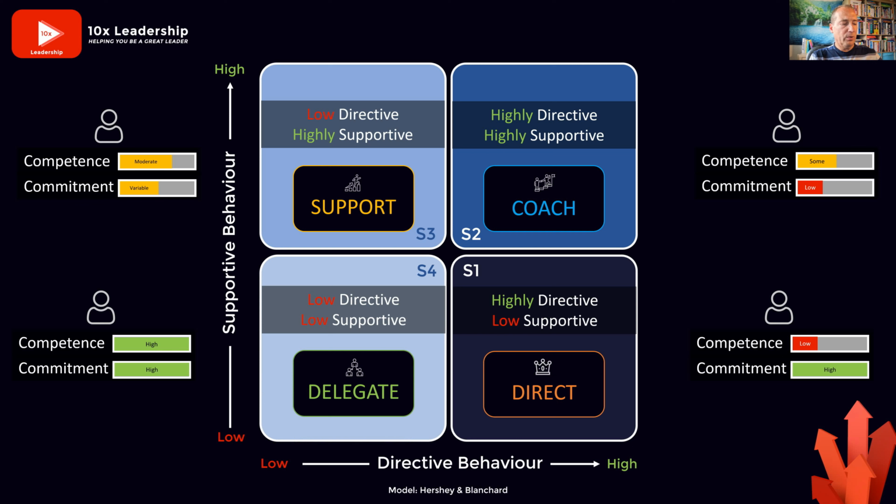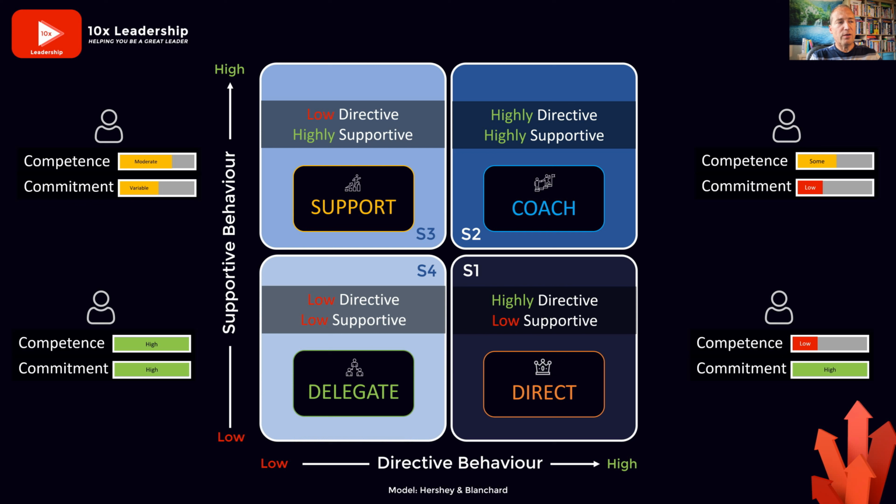So the example I've got here is a highly experienced and motivated team that successfully completed similar projects in the past, and they may benefit from a delegating style. So it's where you as the leader completely entrust them with full responsibility for project execution without abdicating responsibility for it.